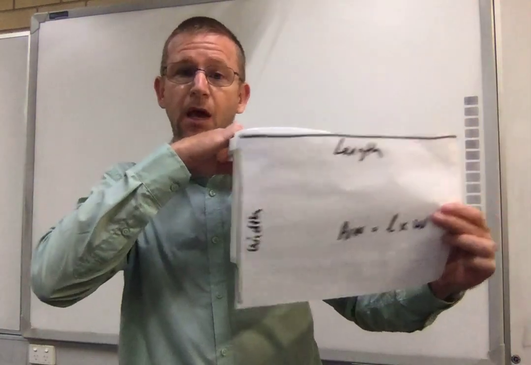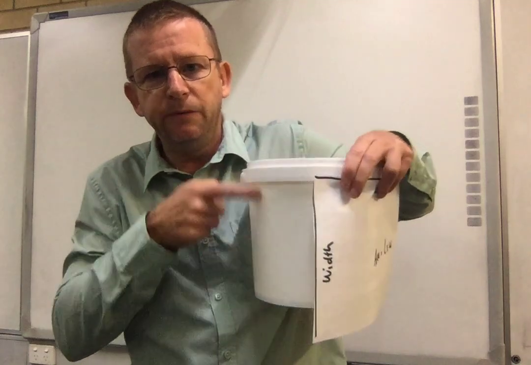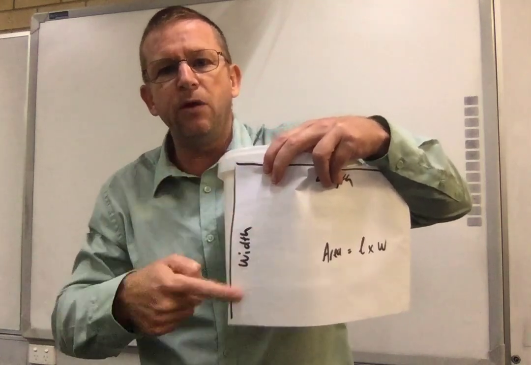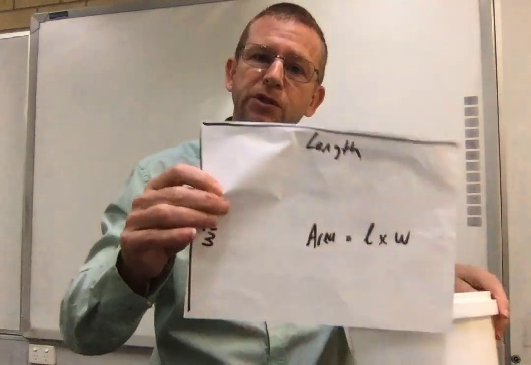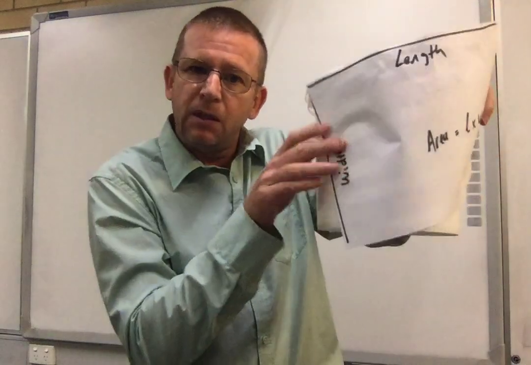So, this is your cup. You can see that on this cup, the height of the cup is the same as the width of your rectangle. So you need to look at the diagram to work out what this width is, because it's the height of your cup. Right.